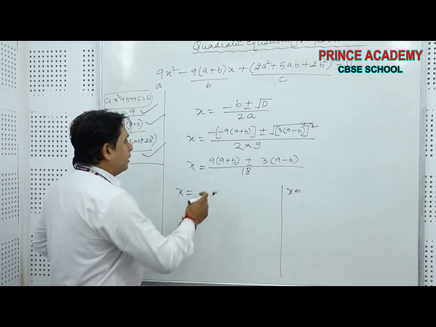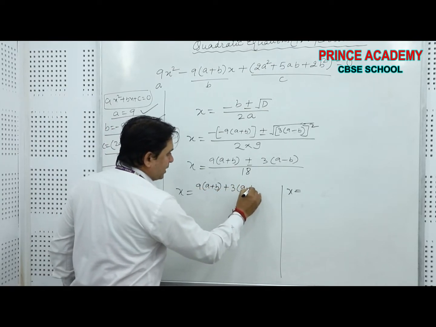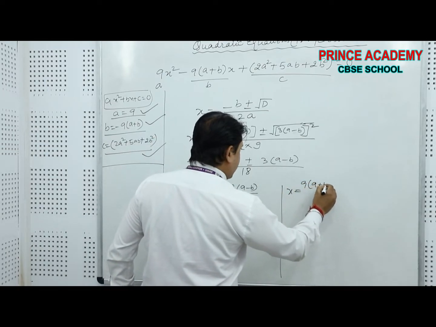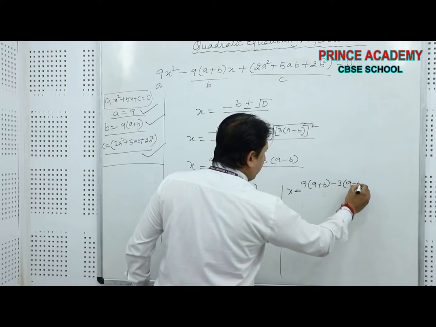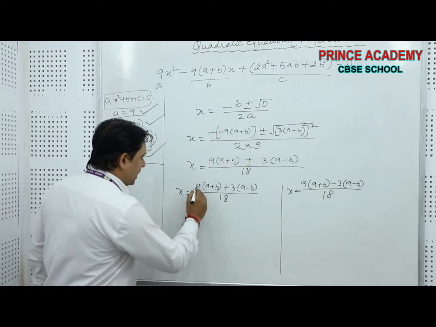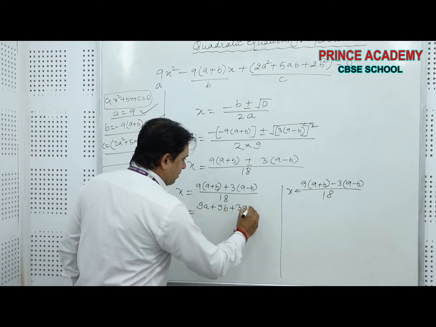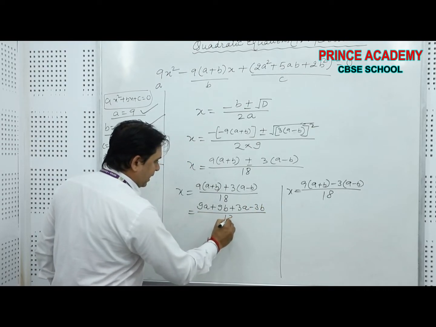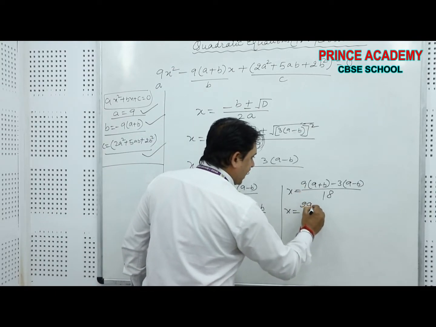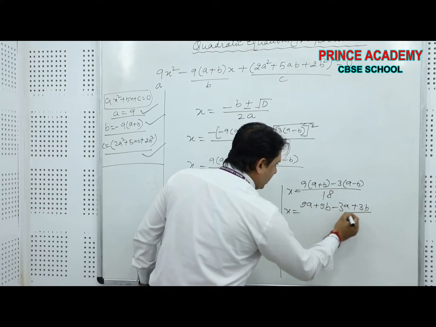See, once 9 into a plus b plus 3 into a minus b by 18, and secondly 9 into a plus b minus 3 into a minus b by 18. Done, beta. Now see, multiply it. 9a plus 9b, 3a minus 3b, divide by 18. And from here, x is equal to 9a plus 9b minus 3a plus 3b, divide by 18.